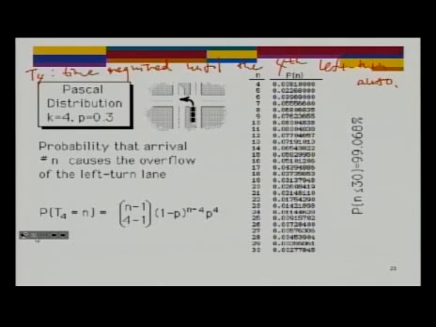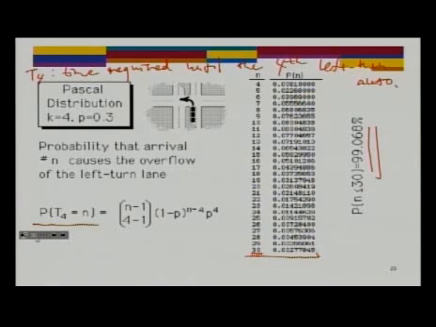So the desired probability would be set equal to this. If you look at this table, we would say that by the time 30 cars arrive at the intersection, the left turn lane overflows with almost 99%.